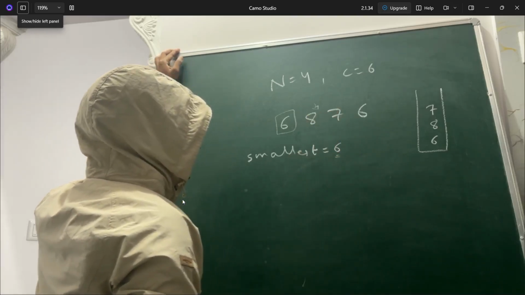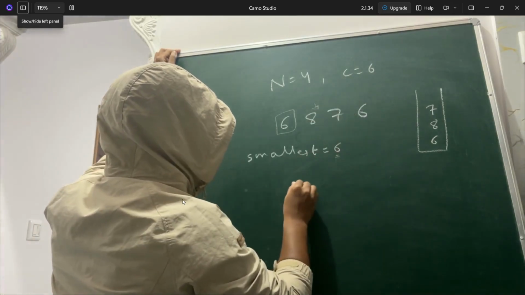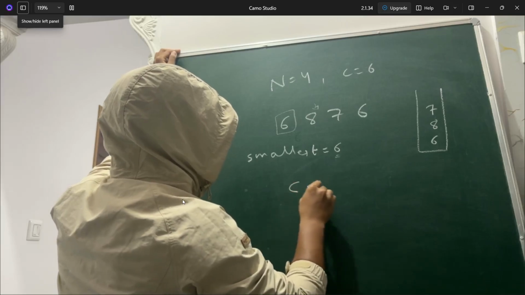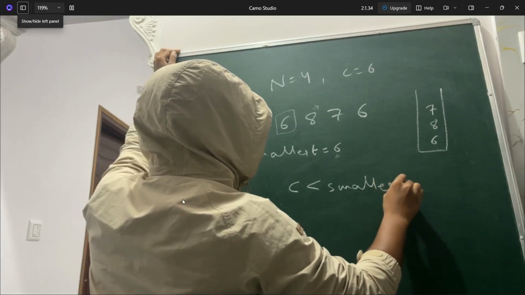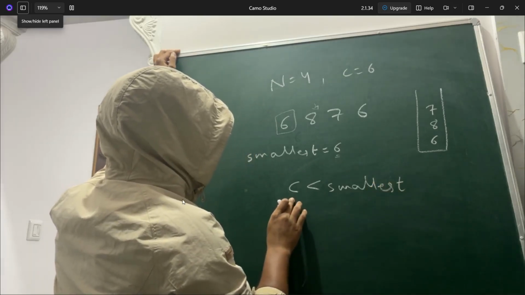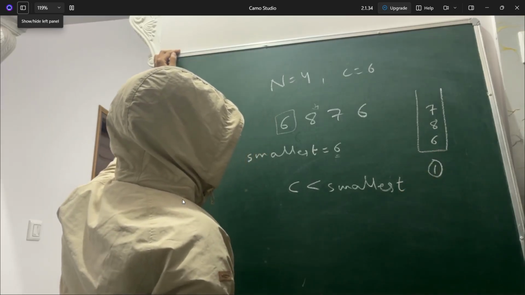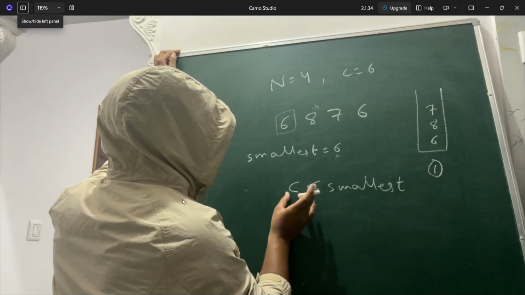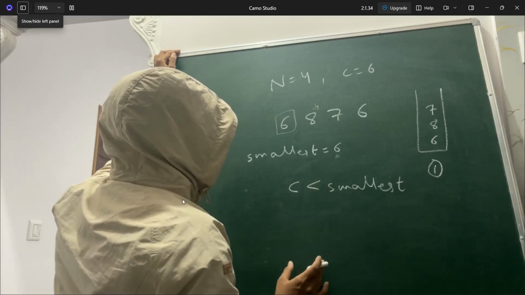Now one more condition I'll check is, if the cookie count Alice has is less than the smallest, she will definitely be purchasing cookies according to the first rule. The first rule says the number of cookies with Alice should be strictly greater than that of one of her friends.